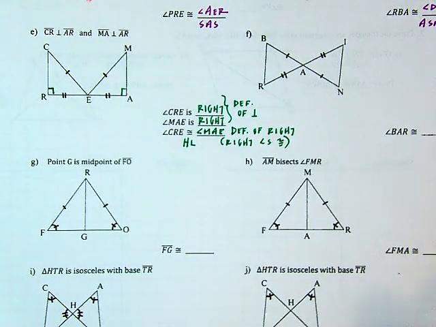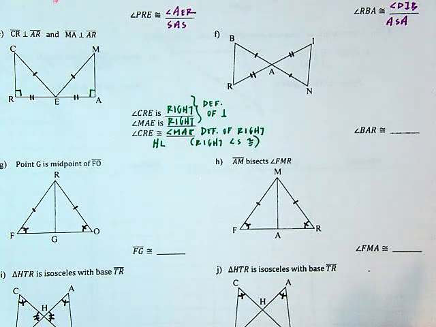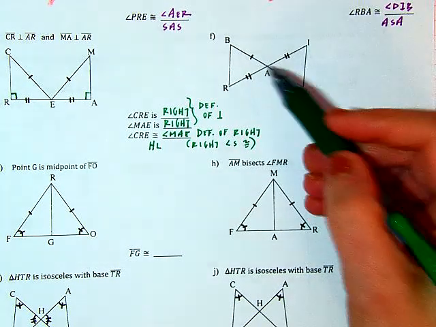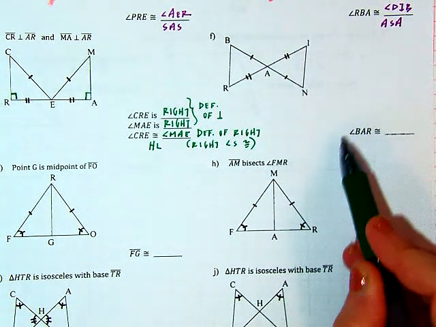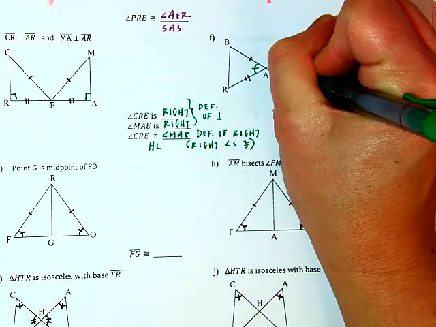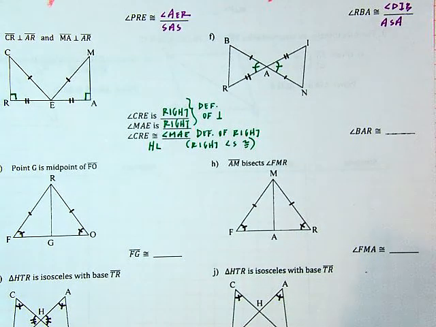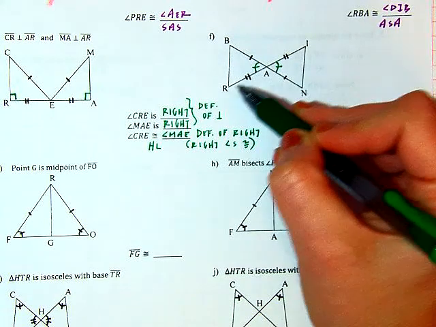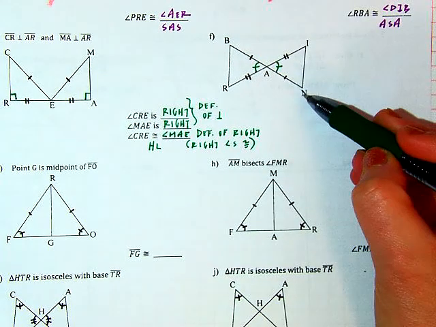All right, next one here. I'm trying to link up angle BAR, right? So I can link it up to its vertical angle here to here. So if I call the first one BAR, the next one would be NAI.